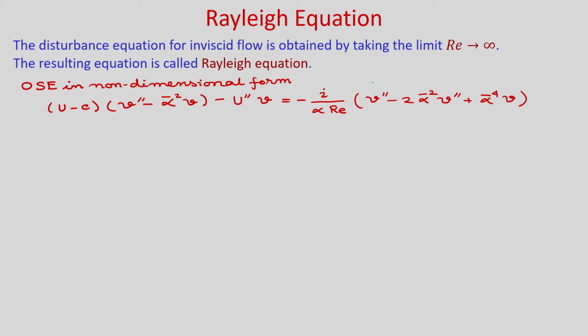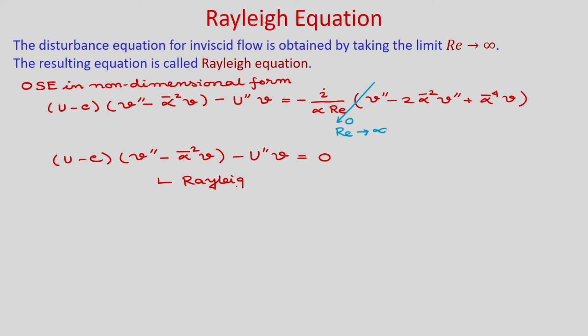So we get (u minus c)(v double prime minus alpha square v) minus u double prime v is equal to 0. This is known as the Rayleigh equation.